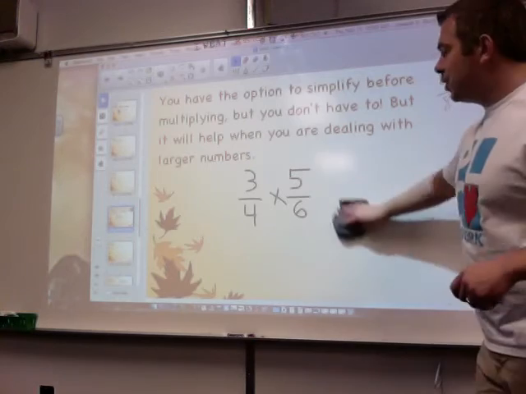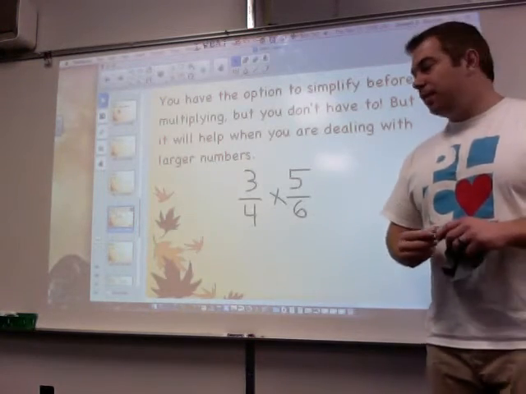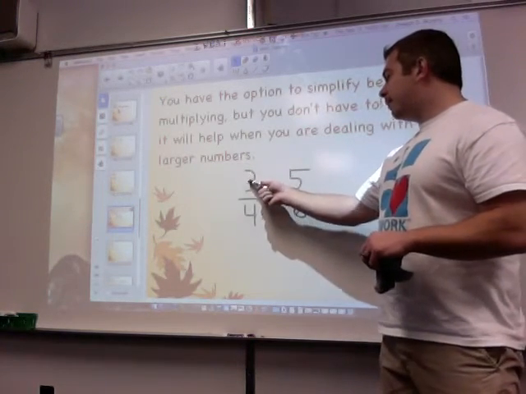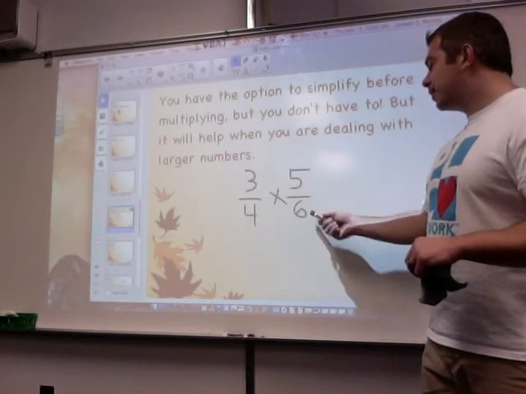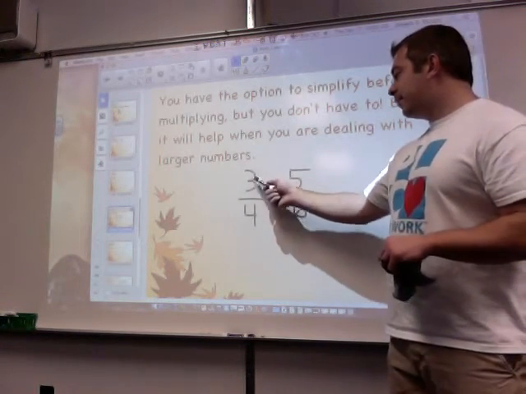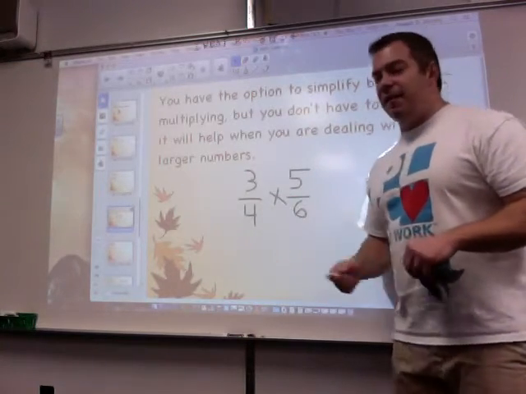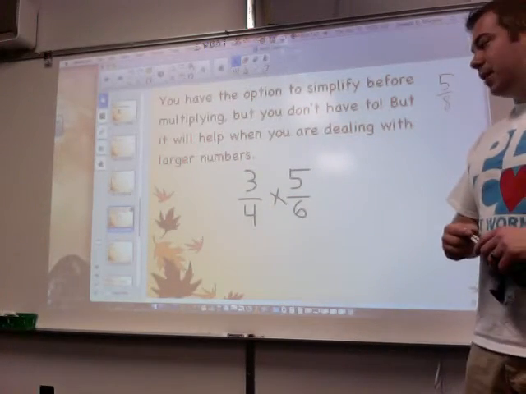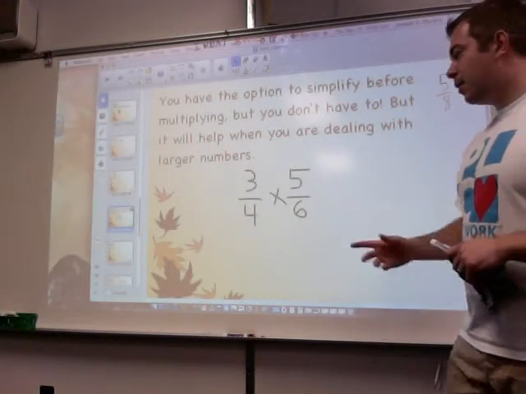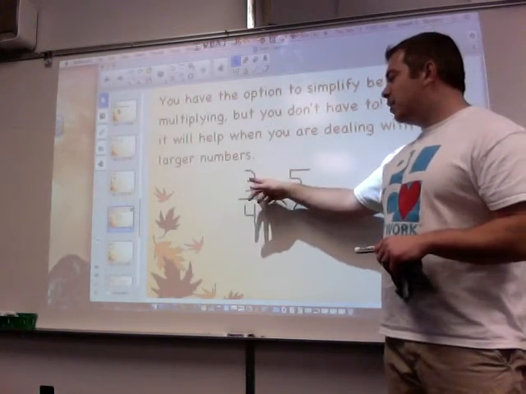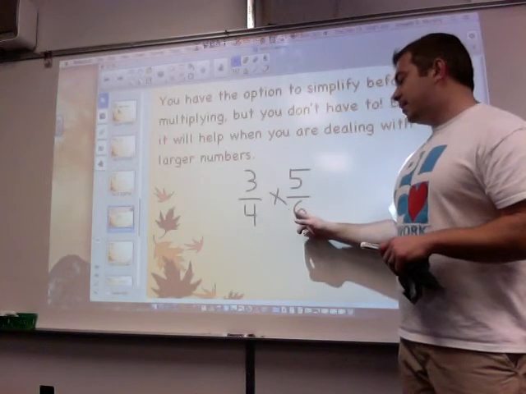But now I want to show you that you could reduce beforehand. All right? So if you look at your numerator on the first problem and your denominator on the second fraction, you'll see that 3 and the 6 both have a greatest common factor of 3. So I could reduce those right away and rewrite my problem. All right, when you're reducing beforehand, you have to reduce with the numerator and the denominator.